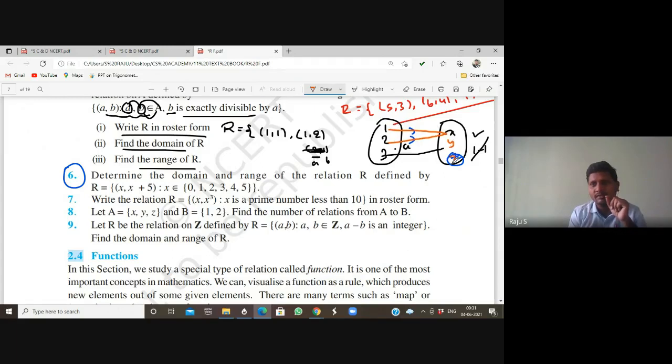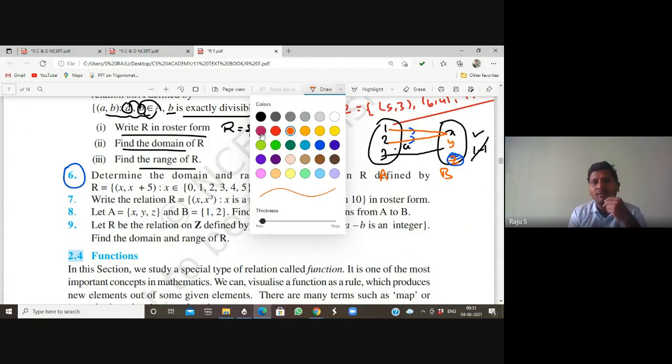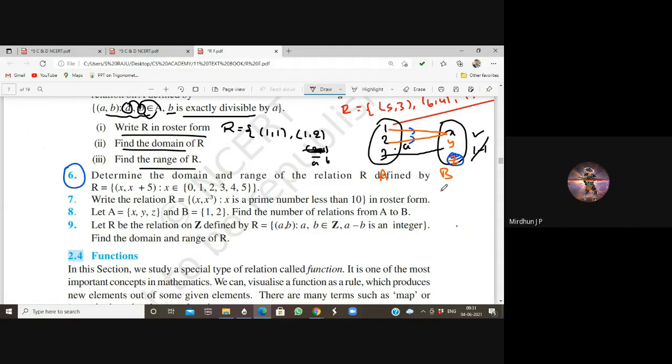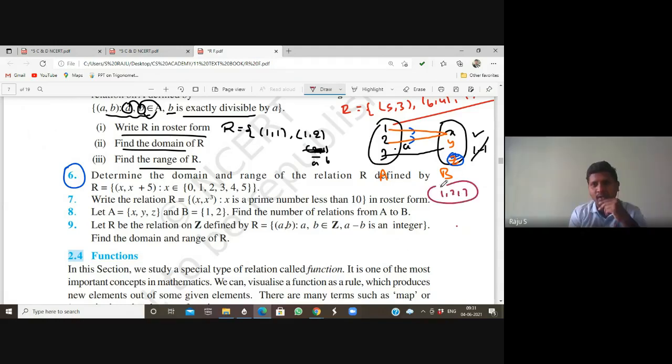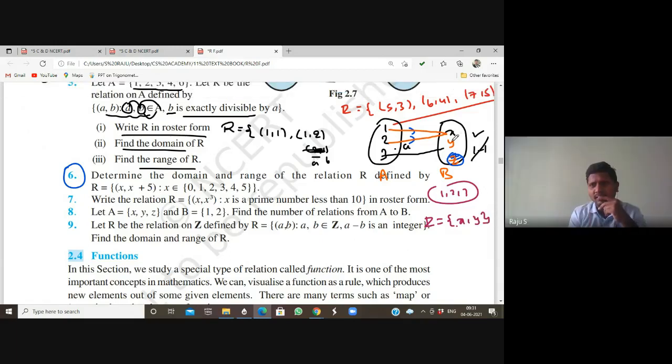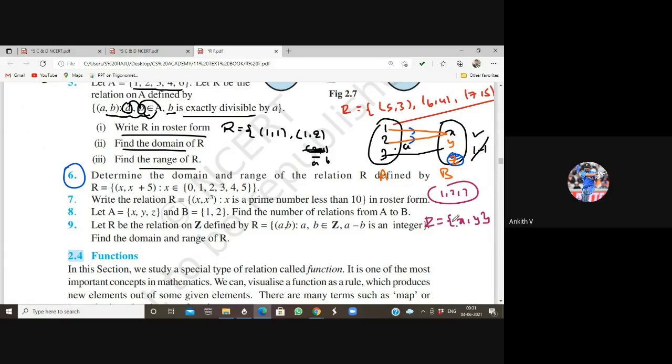X, Y, Z. Can anyone tell, if I take this as capital A and this as capital B, what is the domain here? 1, 2, 3. Right. What is the range here? X, Y. Yes or no?